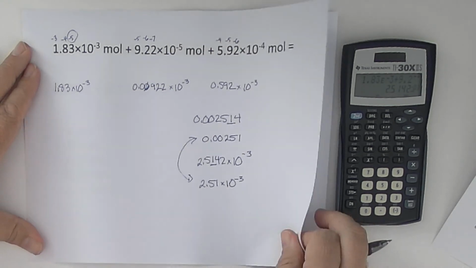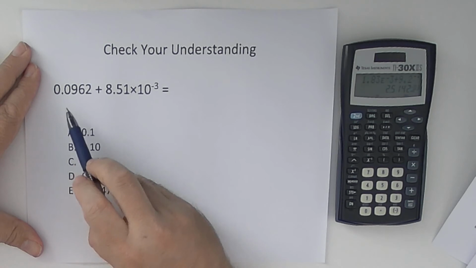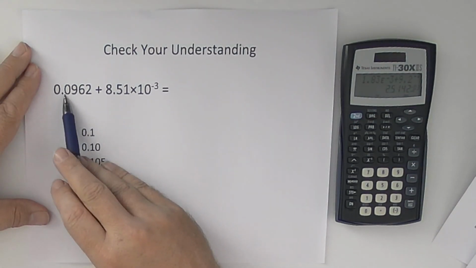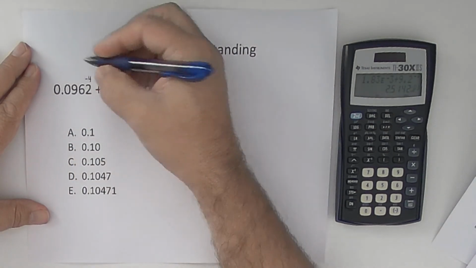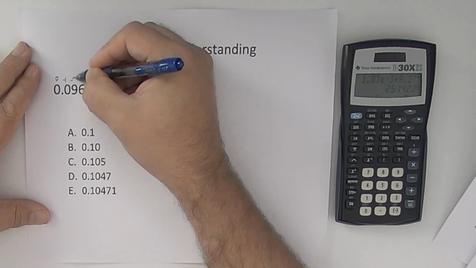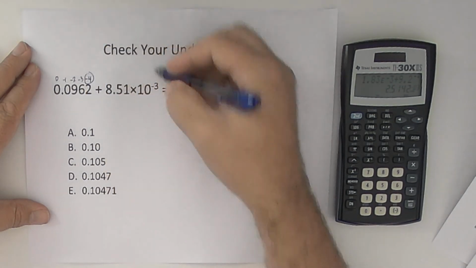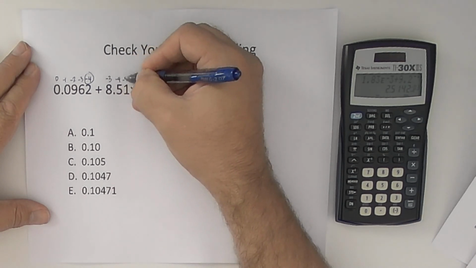Okay, let's check your understanding. Go ahead and pause the video and solve the problem. So in this case, this is going to the 10 to the negative 4 position. This was 0, negative 1, negative 2, negative 3. This one, we start at 10 to the negative 3, negative 4, negative 5.